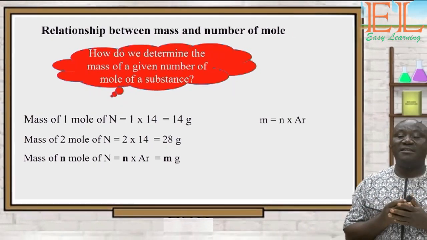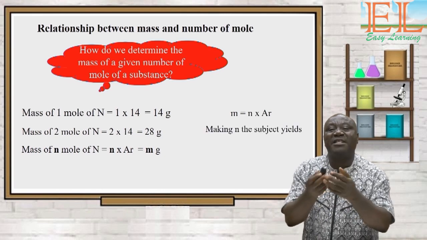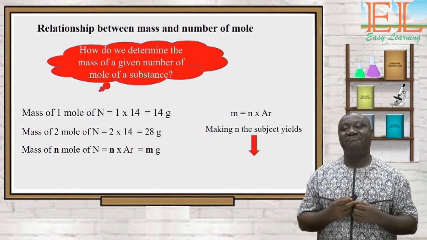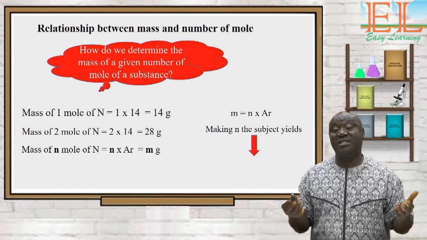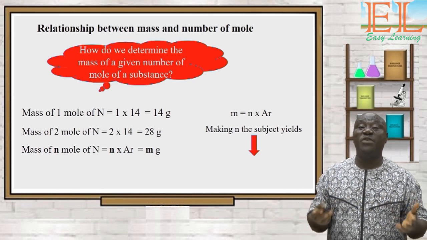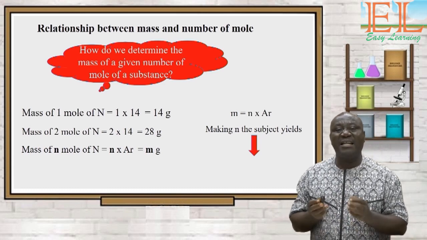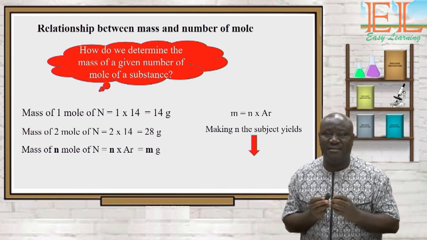Now let me ask, how can we make lowercase n the subject of this formula? As we did previously, it means you will have to divide both sides of the equation by the quantity which is attached to n. That is the quantity which is multiplying n.